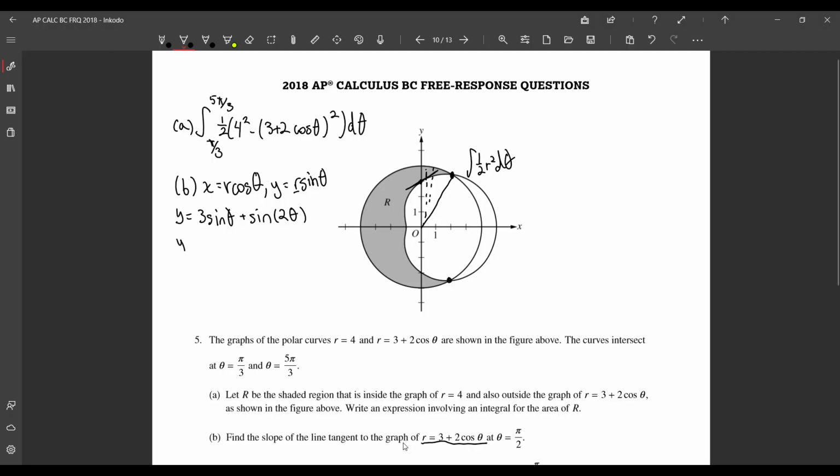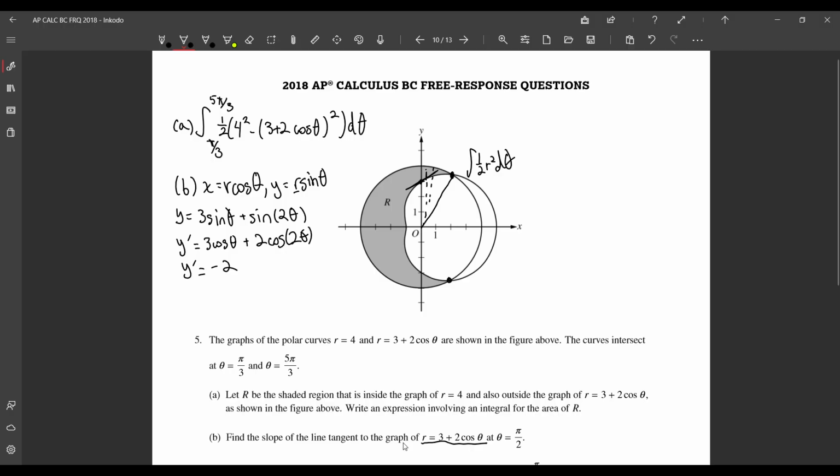And so y prime is going to be 3 cosine theta plus 2 cosine 2 theta. And so at theta equals pi over 2, cosine's going to vanish, and the cosine of 2 theta is going to give us -2.